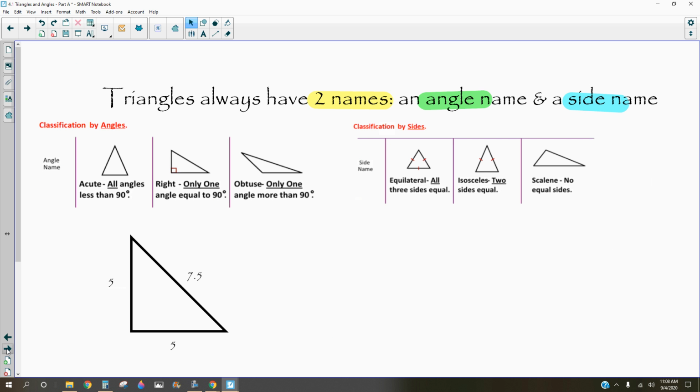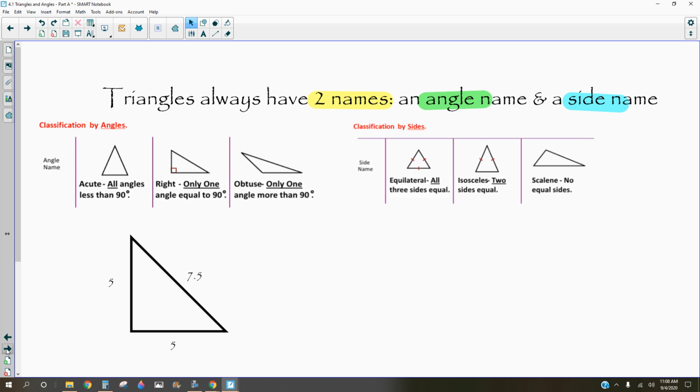When we name triangles, they always get an angle name and a side name. So we pick one from each chart that we just looked at. So for instance, this triangle that we have down on the left has sides that are 5 and 5 and 7.5. And we notice that there is a 90-degree corner.